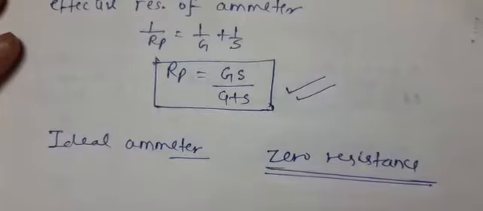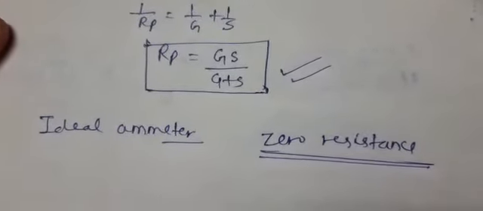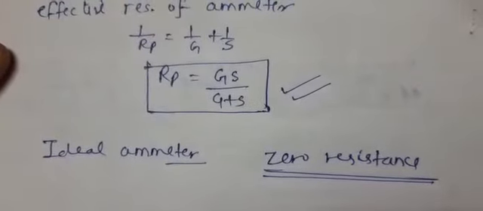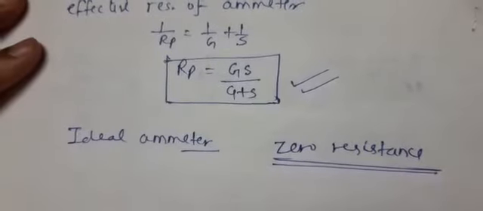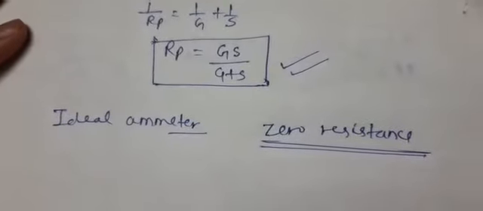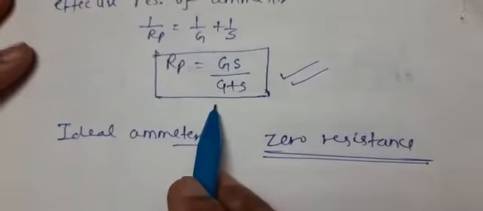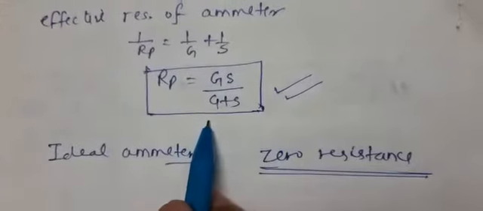So the main point to learn when converting a galvanometer into an ammeter: the formula for shunt resistance, that is Ig upon (I minus Ig) into capital G, and from this the result for calculating Ig. These two results are important, and the formula for the parallel combination of resistance you can easily learn.